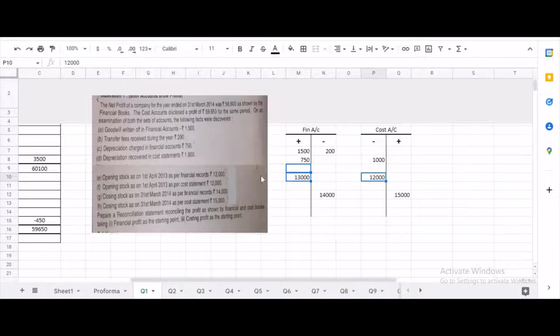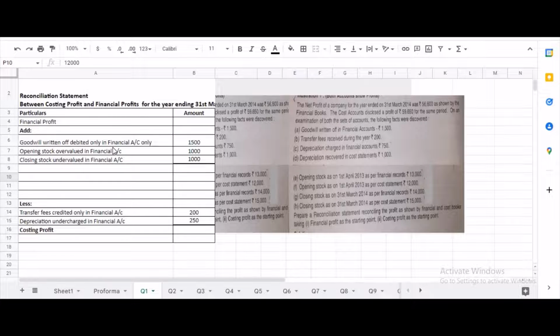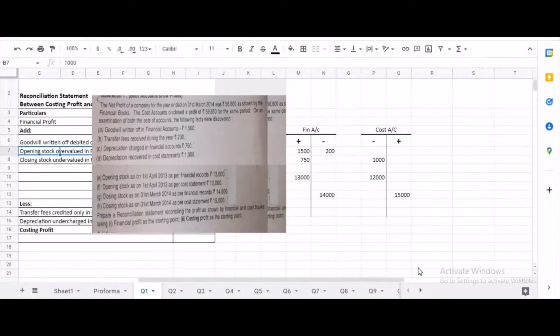When two values are given for a particular opening stock or closing stock, you have to add or minus the difference.